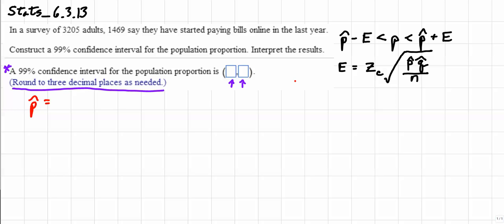Now what's x and what is n? x is the number of people in the sample with a positive or true outcome in this case, and n is the total number of people that were surveyed.